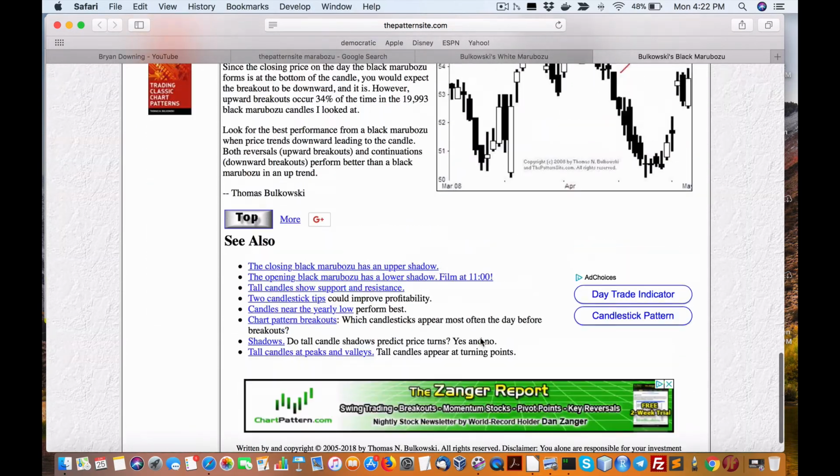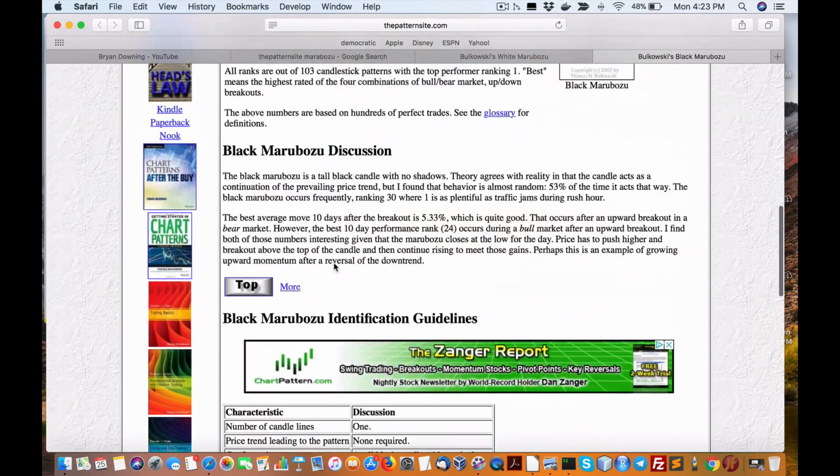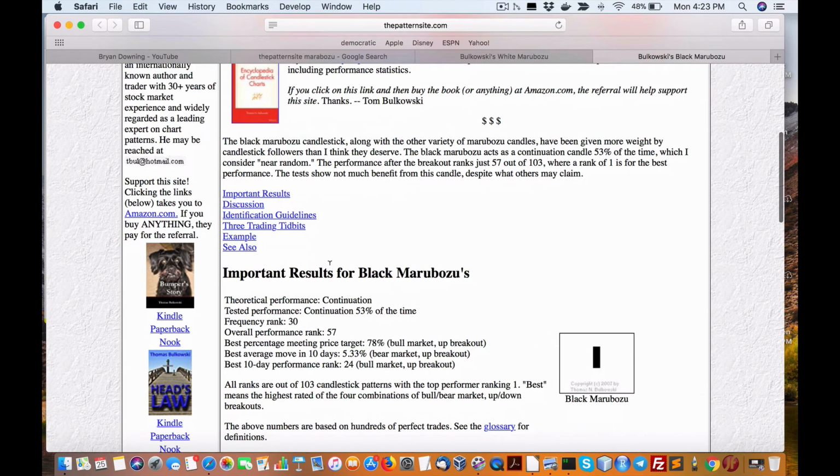What's the accuracy rate on this guy? See, overall performance. Best percent, 78%. Black acts as a continuation candle, 50, which is near random. This condition is not useful for anything, so I'll keep it for now, and we'll try to find another example of that.